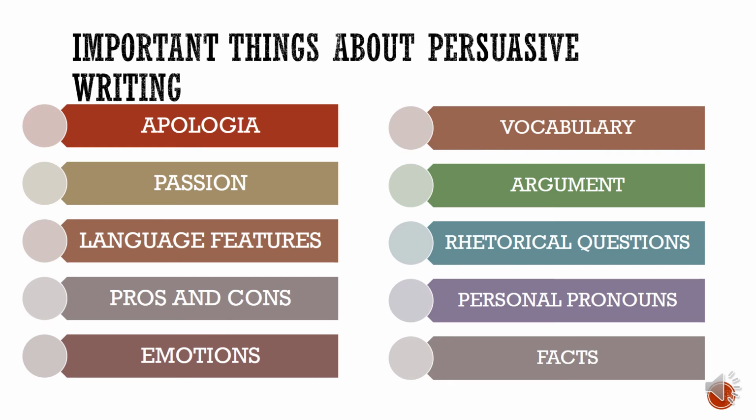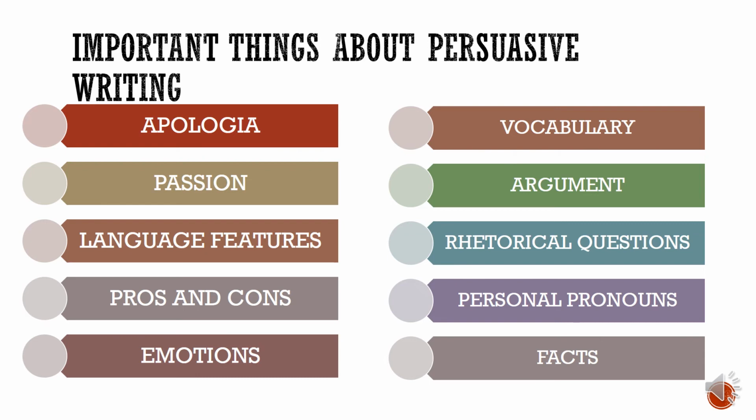But in apologia, you tend to defend what you did or the act that you have committed. And that is also the same with persuasive writing. We do not apologize whenever we write a persuasive essay, but we tend to defend the idea that we would like the audience to know, the idea that we have taken a side with.